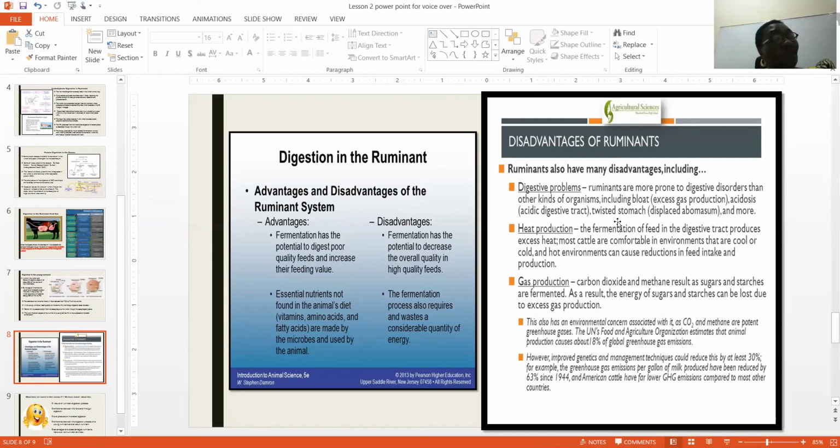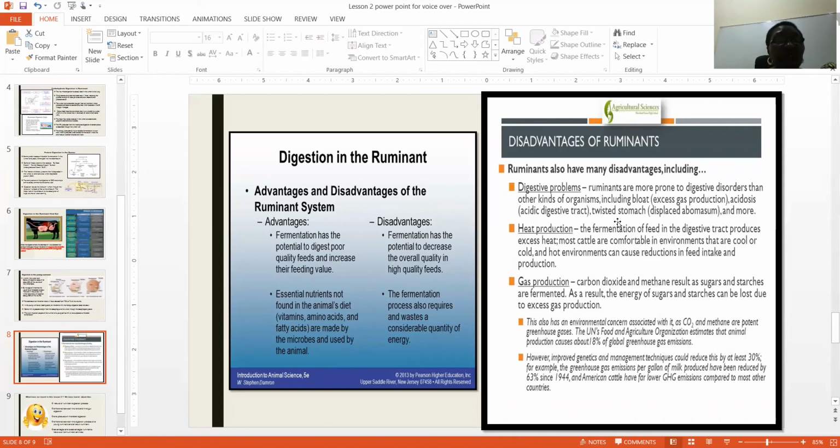But if they are of high quality, it can also reduce the nutritional value of these materials. Also, essential nutrients that are not found in the animal's diet, such as vitamins, amino acids, and fatty acids, are made by microbes and they are also used by the animal.